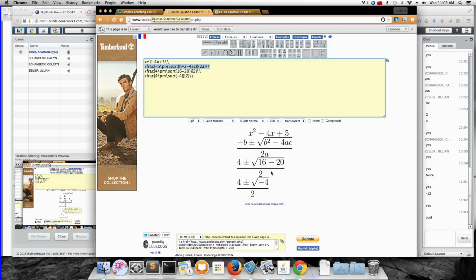So it motivates me to point out a very special part of the quadratic equation. That special part is the stuff inside the square root, the b squared minus 4ac. If that number is positive, how many zeros do you expect to find?